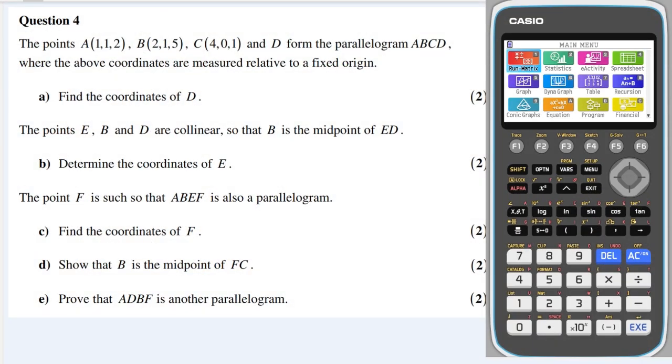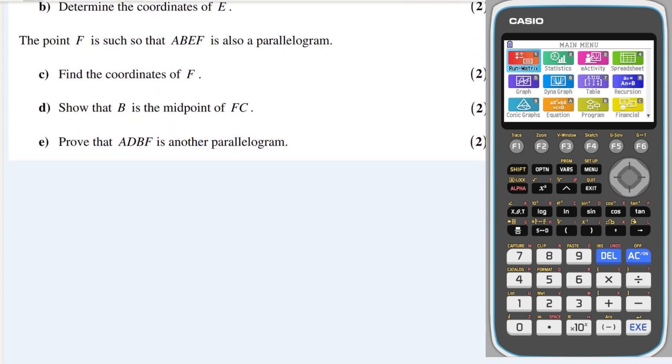Question 4. It's a bit horrible, loads of parts to it, and it's a bit fiddly. Anyhow, let's do it. Parallelogram ABCD. So the first thing I would do is just draw a parallelogram like such, and I'd make sure I'd labelled it in the same order that it's written.